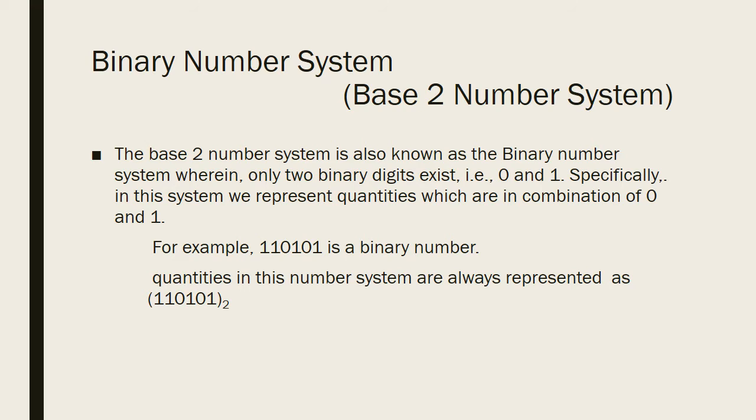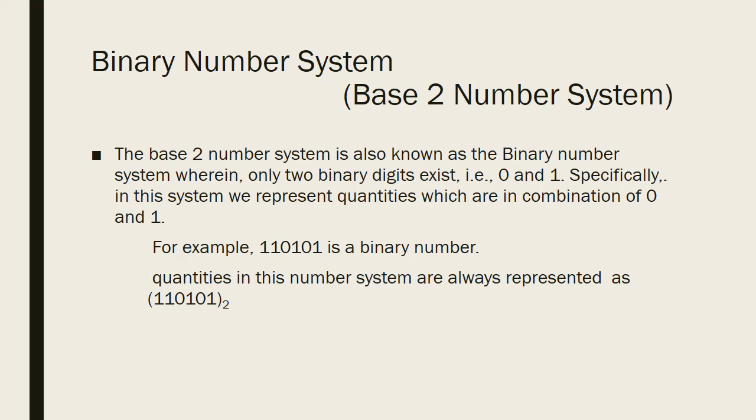So let's move further to the next number system, which is called the binary number system. The binary number system is also called the base 2 number system because it has only two digits, that is 0 and 1. Specifically, in this system we represent quantities which are combinations of zeros and ones only.